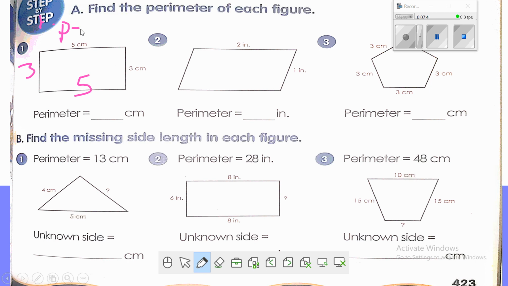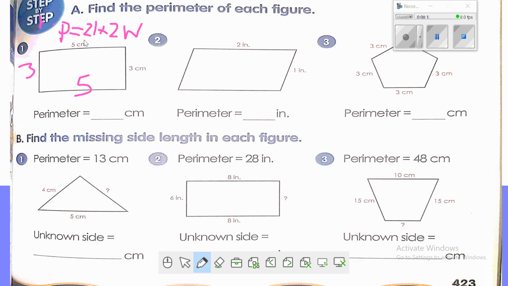P equals double L plus double W. Yes, double L plus double W. What is double L, that means 5?